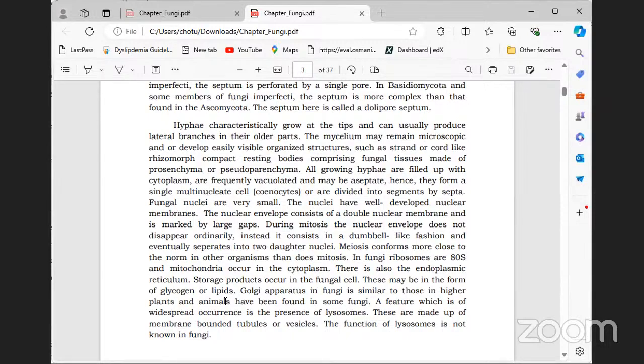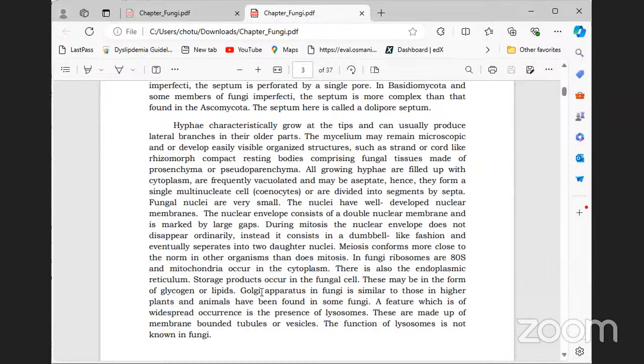What type of food material is stored? Glycogens and lipids. Another cell organelle is the Golgi complex. Golgi apparatus in fungi, similar to those in higher plants and animals, has been found in some fungi also.